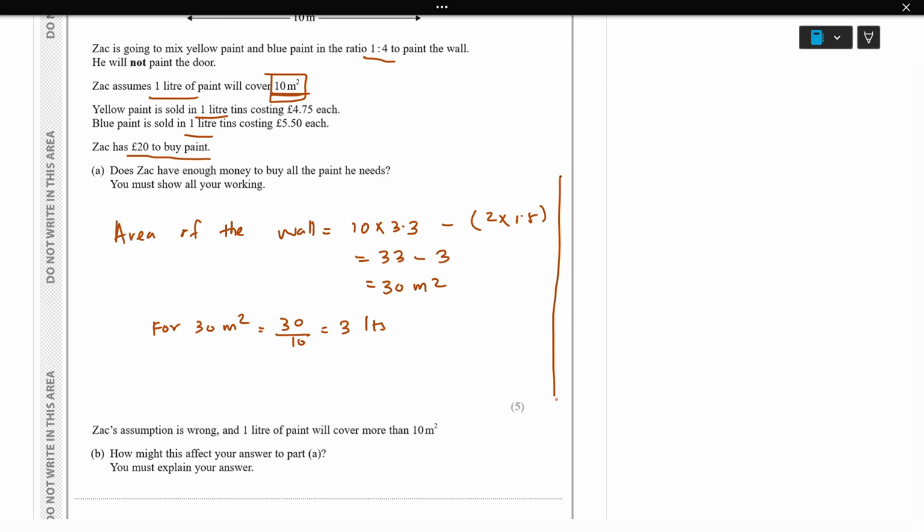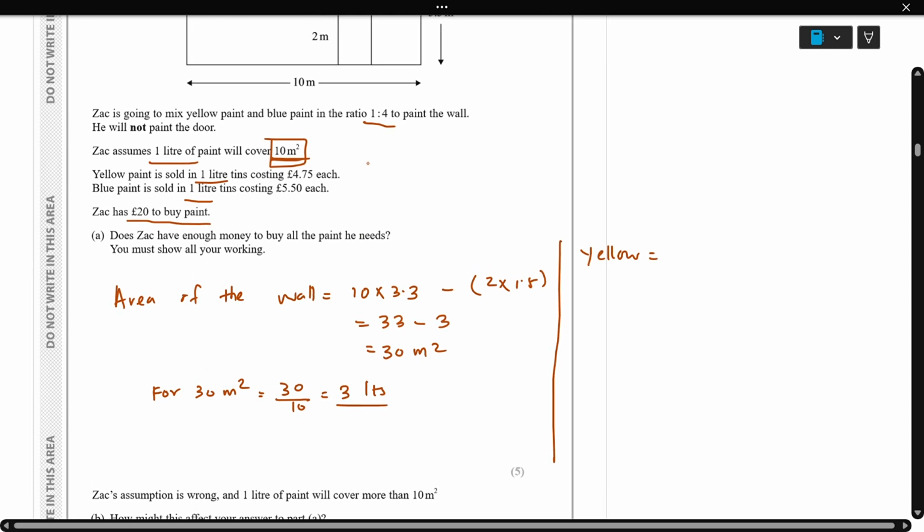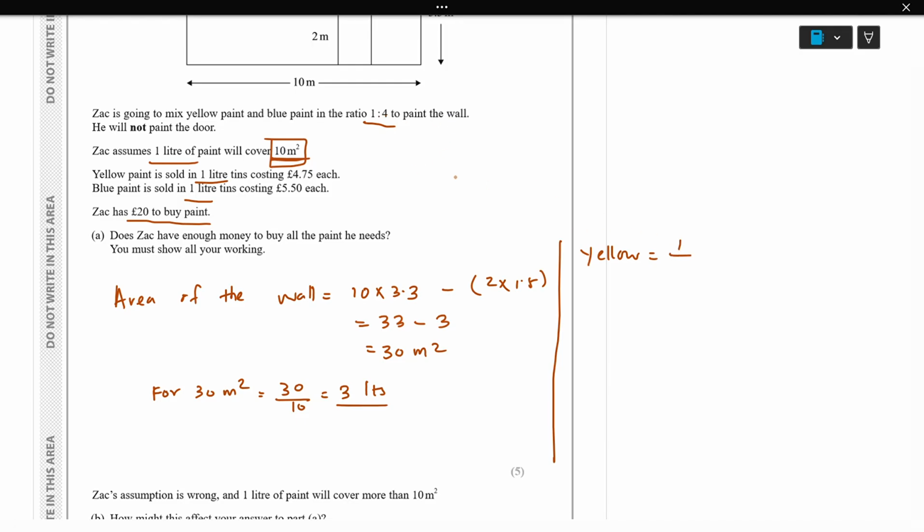Now the calculation is how much yellow and how much blue. In total we need 3 liters. For yellow, the ratio is already given, which is 1:4. Yellow's ratio is 1 out of the total ratio 1 plus 4, which is 5, of 3 liters, which is 3 over 5 liters of yellow paint.